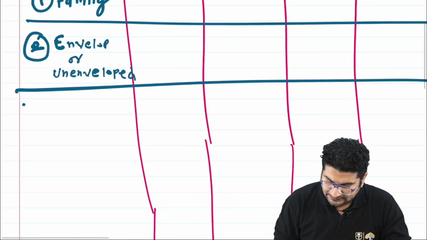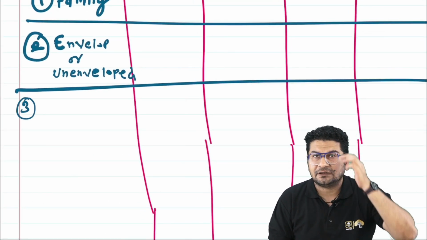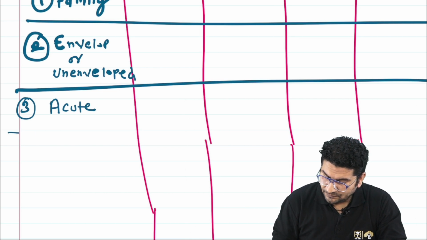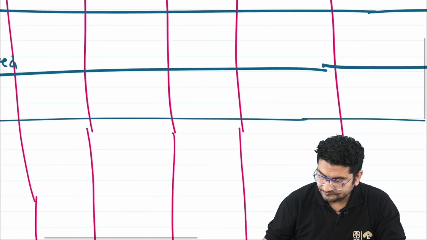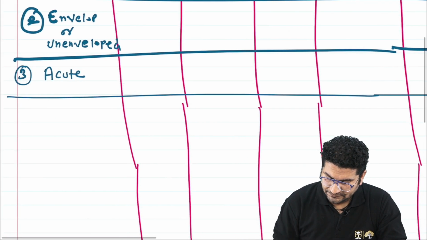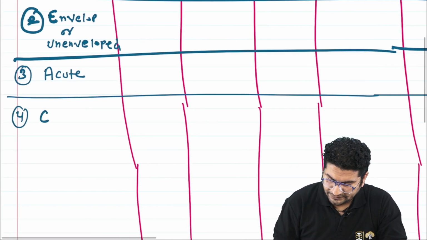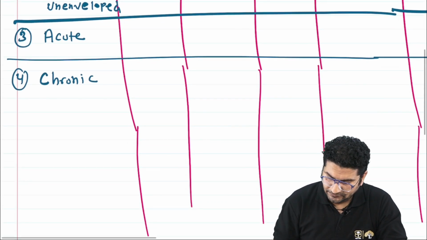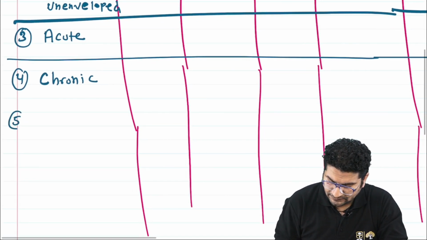The third point which I want to discuss here is which of these viruses will cause acute infection, which will cause acute illness. The fourth is which will cause chronic illness. A fifth point is which virus will cause cancer.